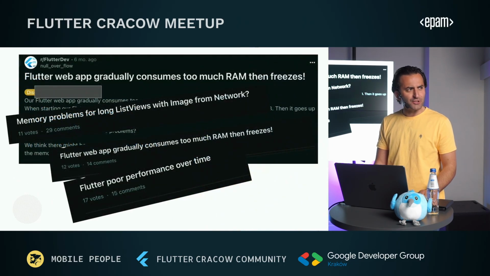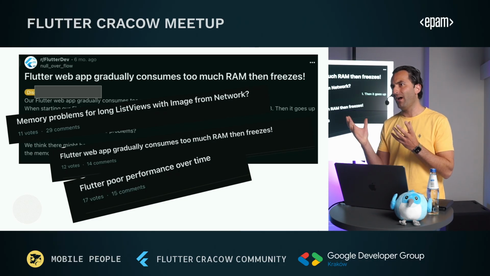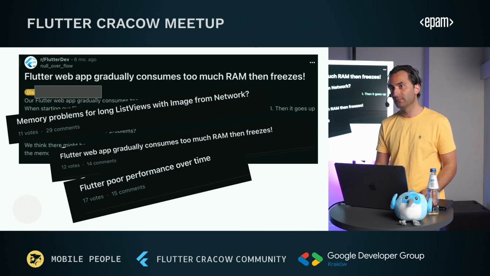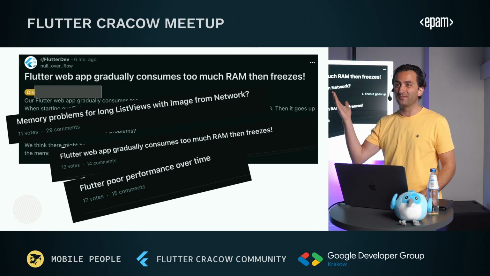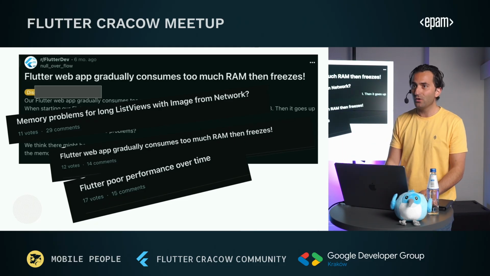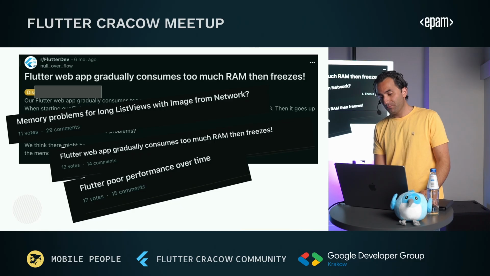Just a quick question. Have you ever run into an app crashing because of a memory problem? It happened, right? So that's good, because that's the purpose of the talk.